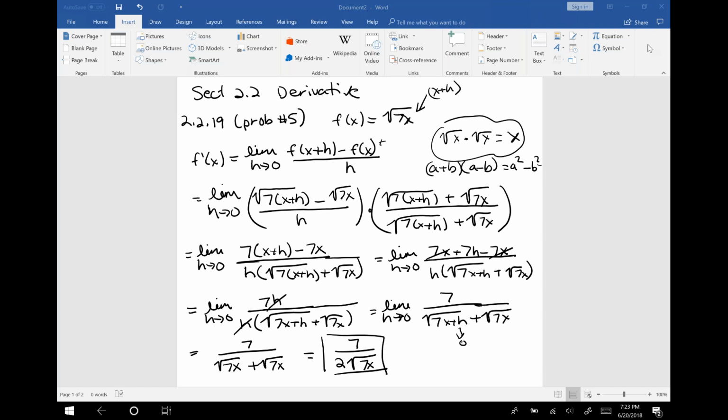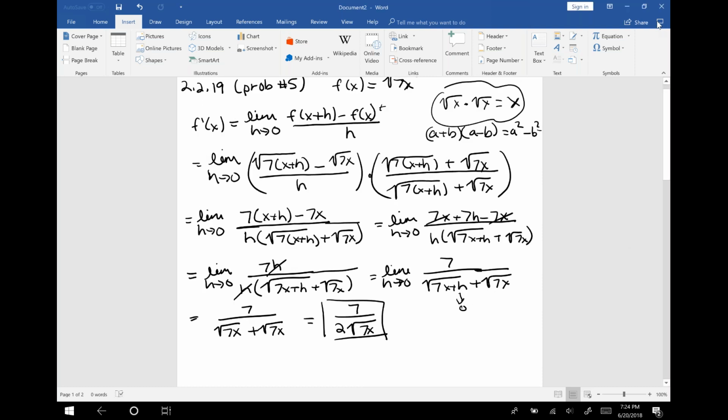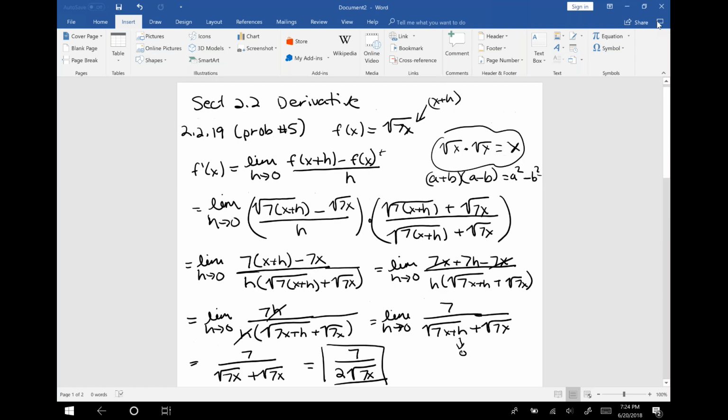Another one from this section? All right. Oh, okay, now I see your comment there. Okay, yes, let's do another one with algebra, because sometimes the algebra can be the hardest part of these problems.